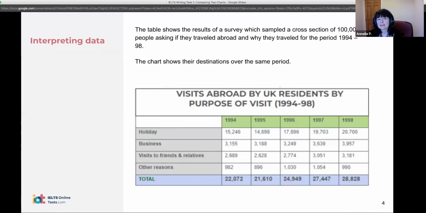So let's start by looking at the table, and you can see here the task question that you would get. And let's look at the data, okay? So what type of chart are we looking at, first of all? Okay, yes, Patricia. Hi, Patricia again. Yeah, table. We're looking at a table here. Okay. And what specifically is being measured in the table?